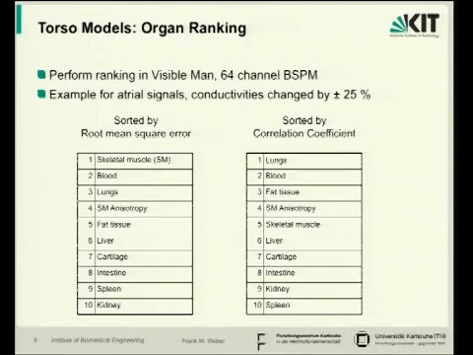These are some preliminary results, but we tried an analysis where we changed the conductivities of different organs by plus minus 25%, extracted the 64 channel ECG, and then compared the signals at these different conductivity values for one organ and analyzed it quantitatively with different measures, like, for example, the root mean square error, which is also very sensitive to just scaling of the signals.